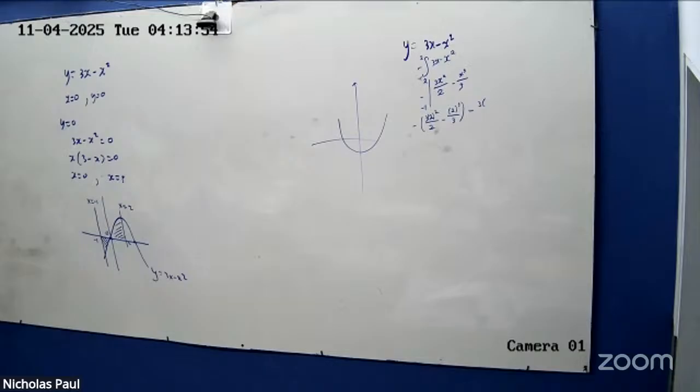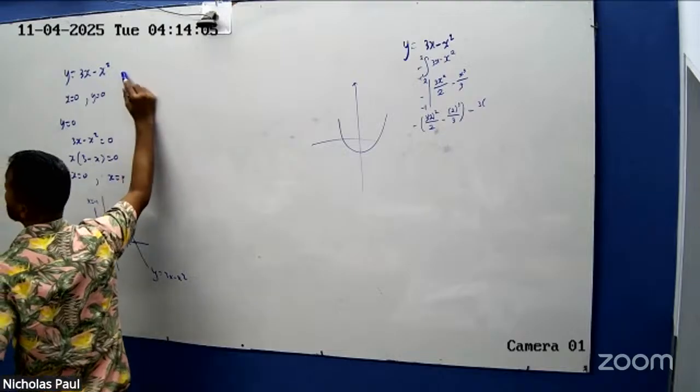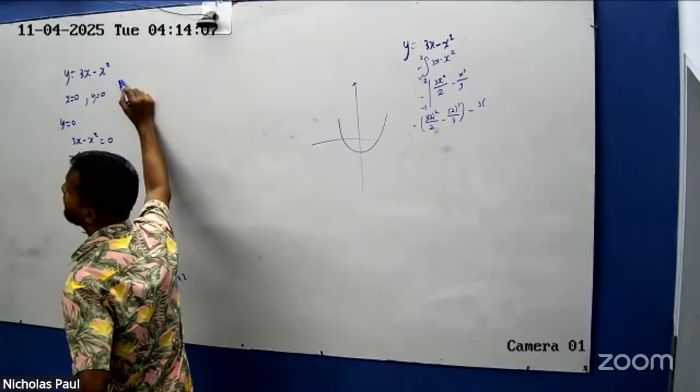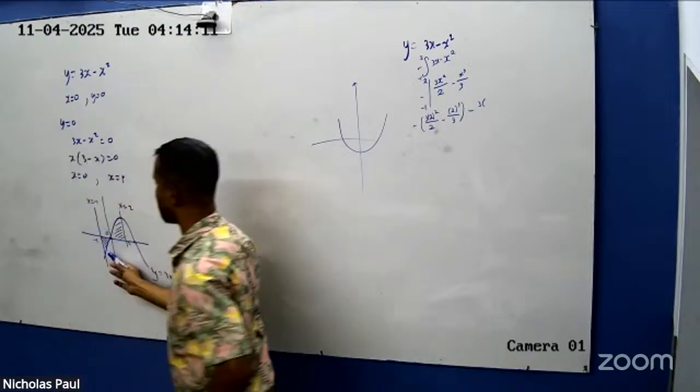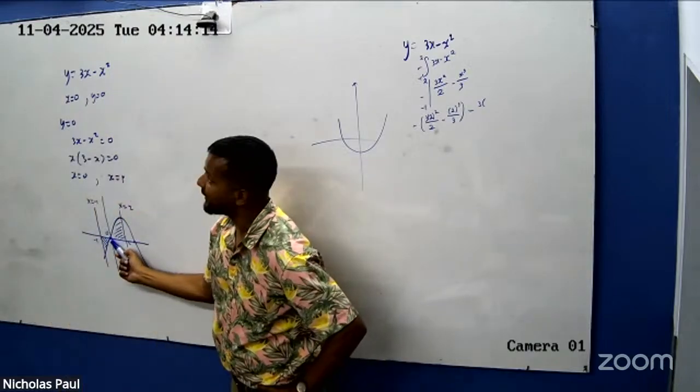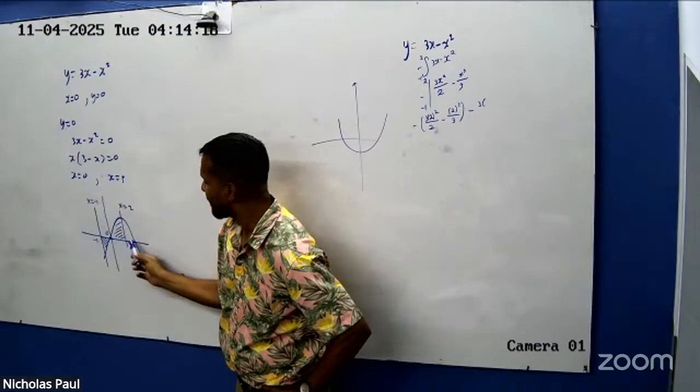Right, so Javi, we need to understand this sketch a little bit better. This is a maximum. You okay with that? And we found the y-intercept 0, 0, and I plot it here. We found out where it cuts the x-axis, 0 and 3.